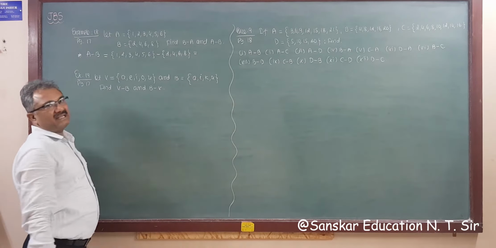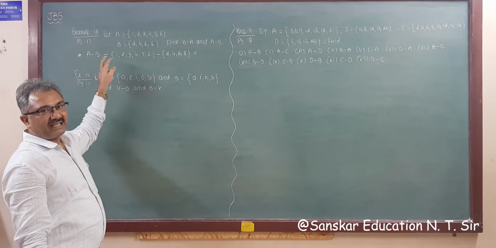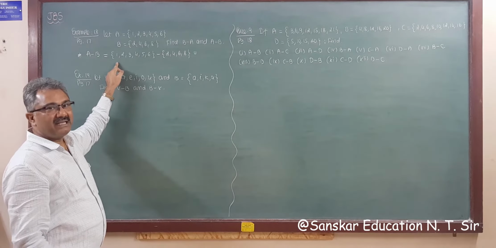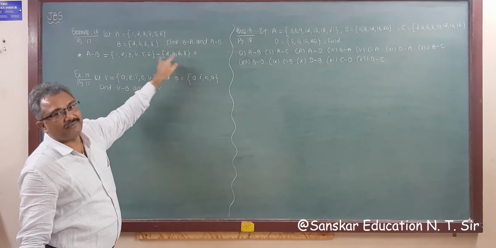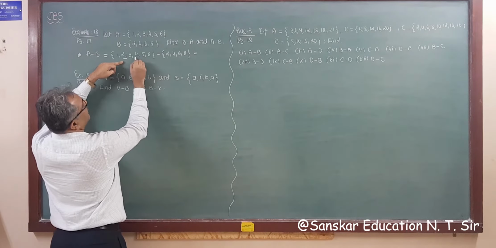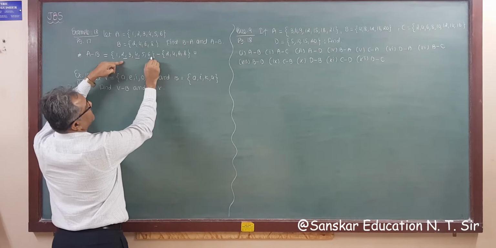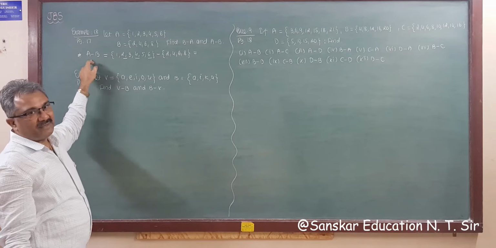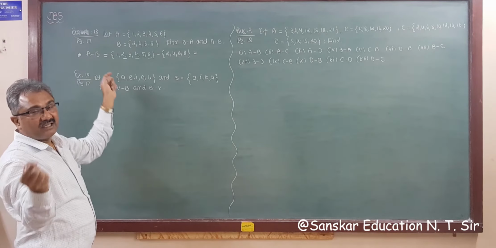A minus B means the set of all elements which are in A but not in B. That means you have to subtract all elements of B from A. So 2 is here, so not included. 4 is here, so not included. 6 is here. 8, no 8.